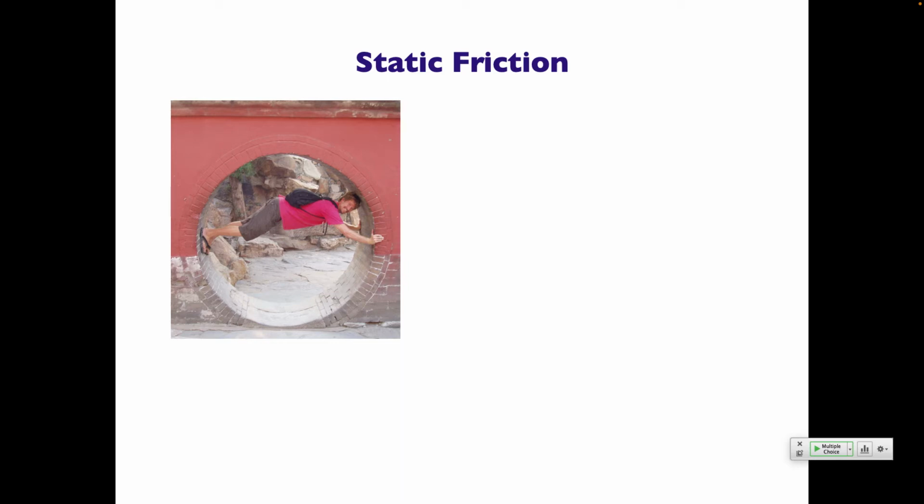So a lot of these problems deal with the maximum static friction, but it's a key point to remember that until right before it starts moving, it's just equal to the pushing force, okay? So static friction force is equal to the pushing force until you get to static friction max.